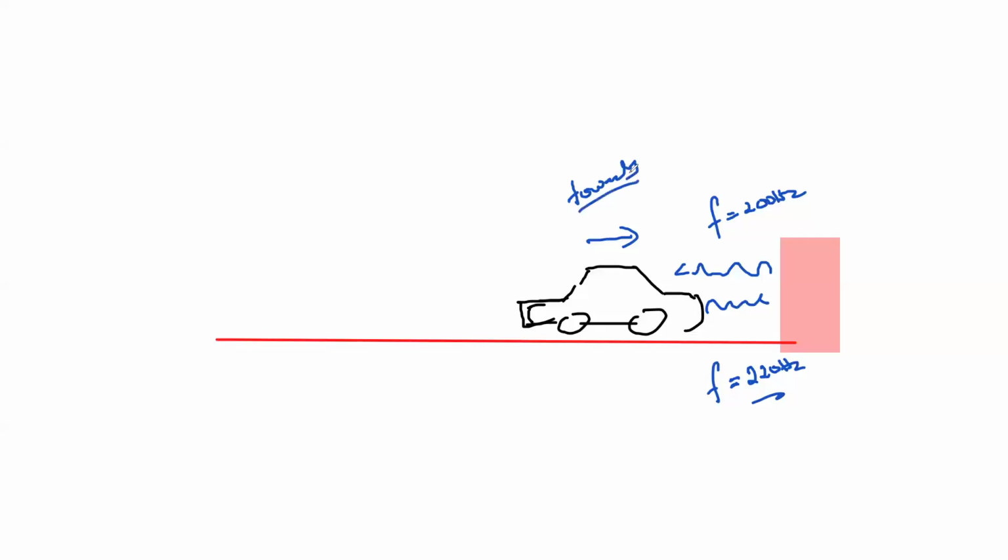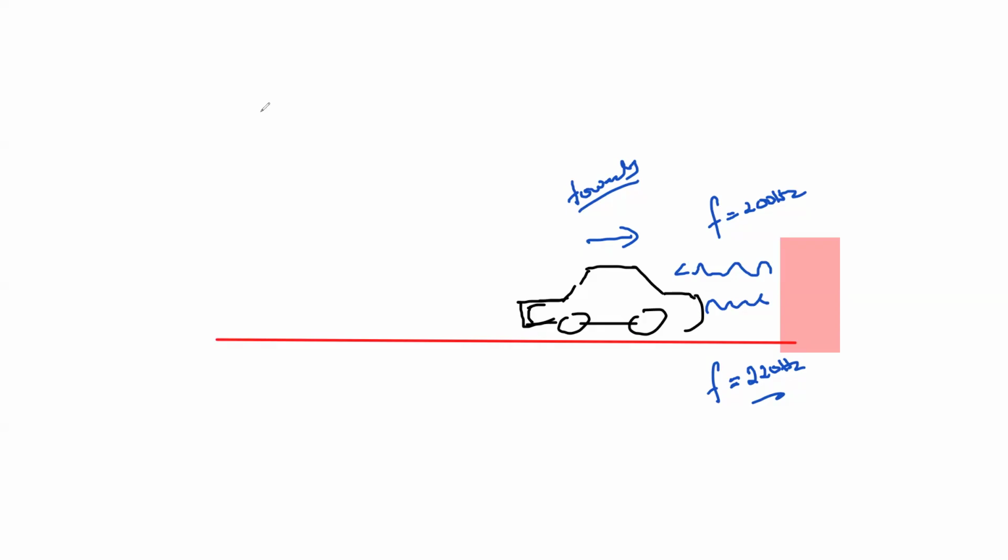So if the car is approaching, the frequency received will be higher than the frequency sent. How much the frequency changes decides the speed of the object. If there is a greater change in frequency, the object is moving at a higher speed. If there is a smaller change, the speed is lower. There is a formula for finding the speed of objects.